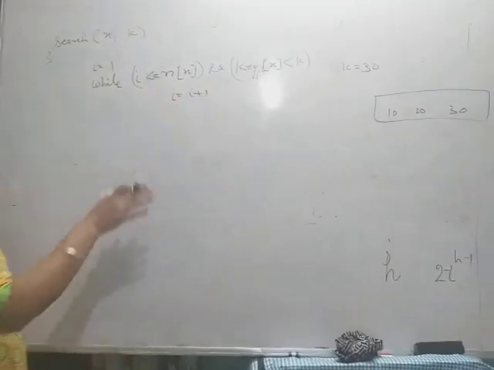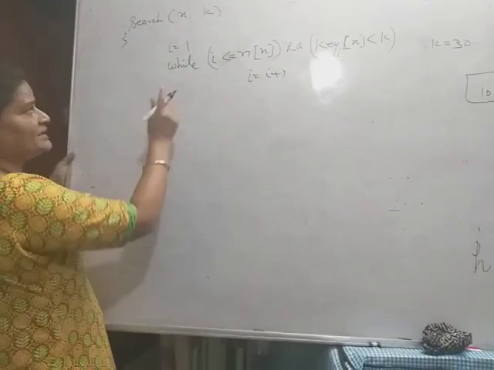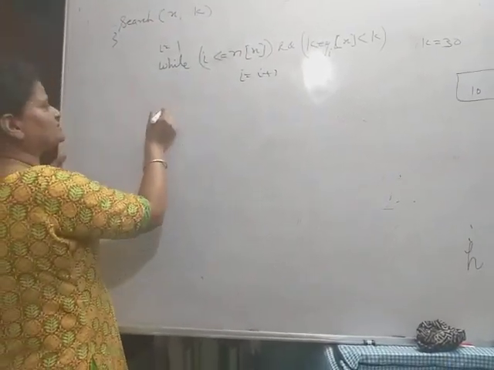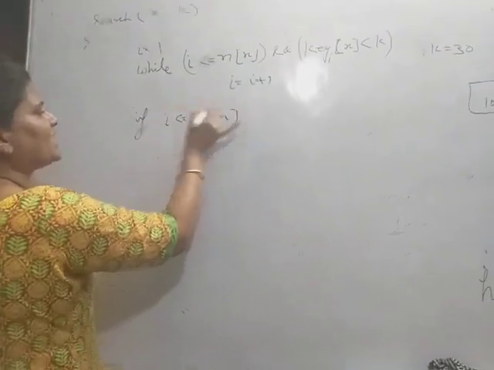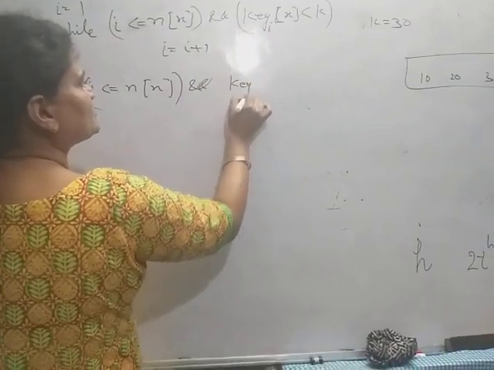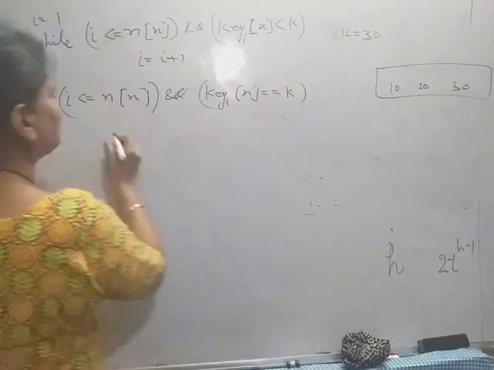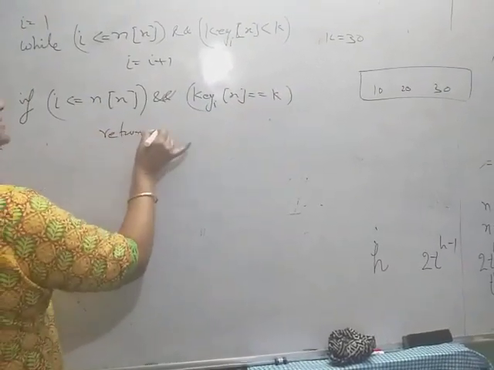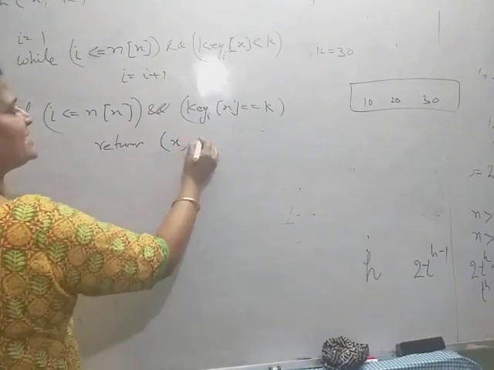If the key is present in the node, then the loop will stop in between. So here you check if i is less than or equal to n[x], and if key i of x is equal to k, then simply return x, the pointer to the node in which it is present, and the position i.